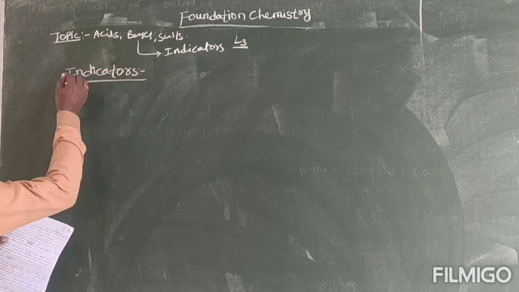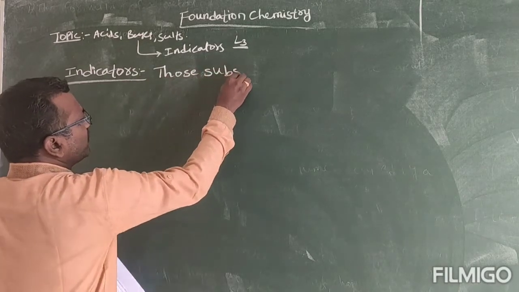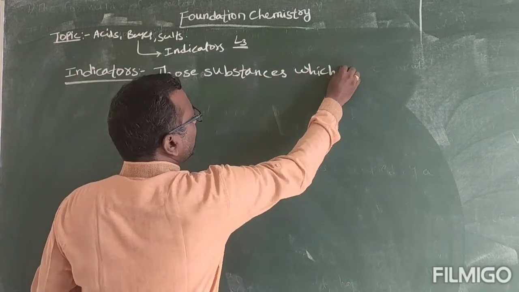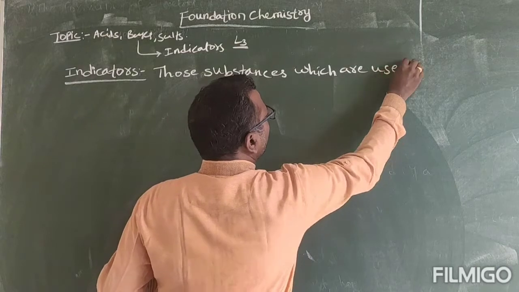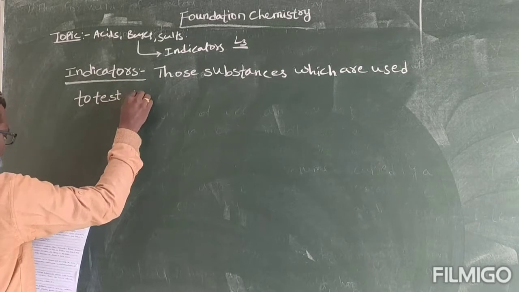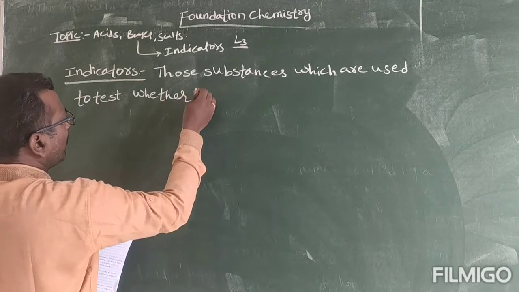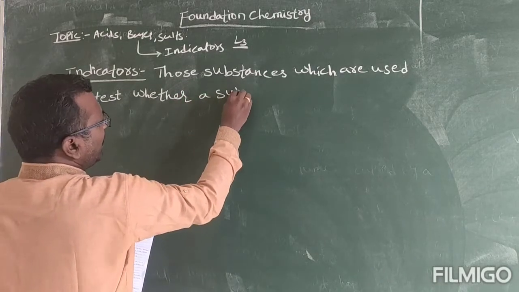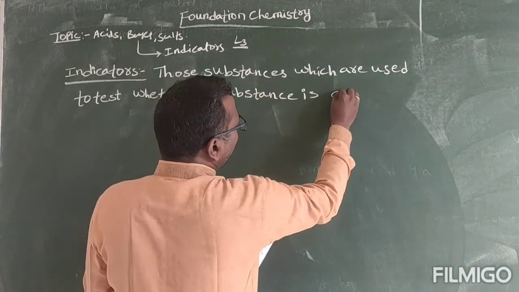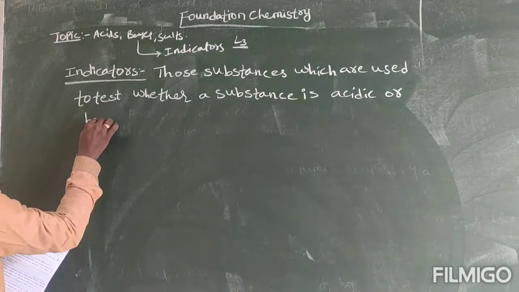Indicators means those substances which are used to test whether a substance is acidic or basic in nature.